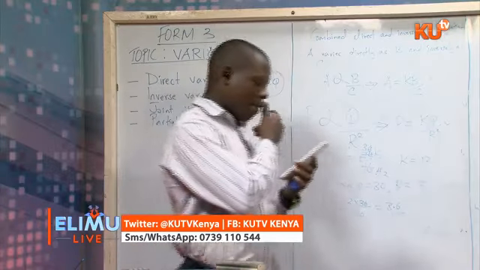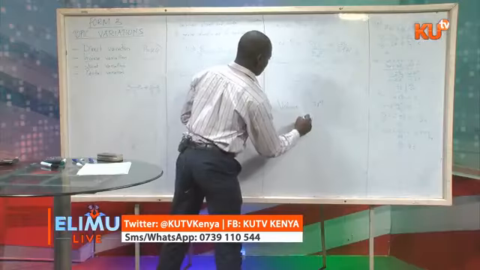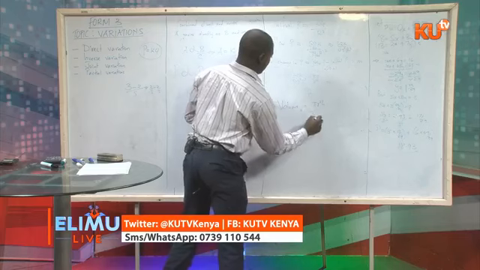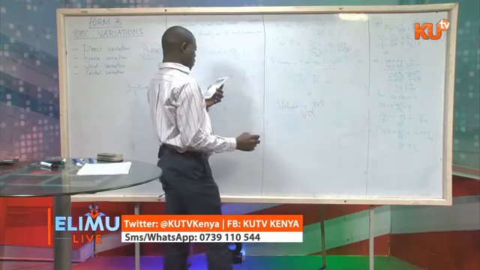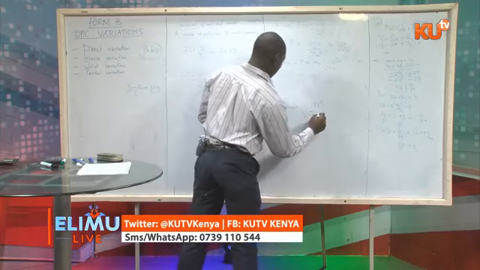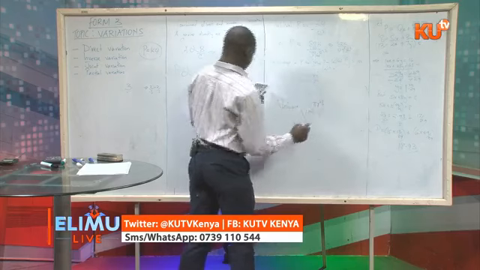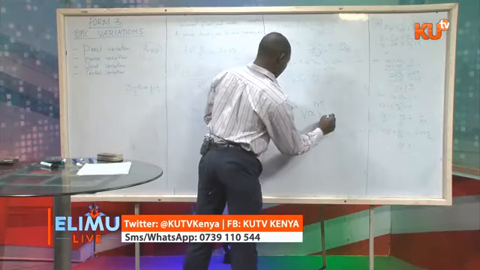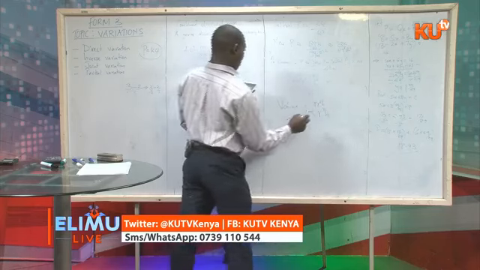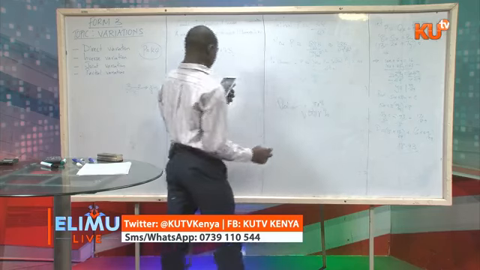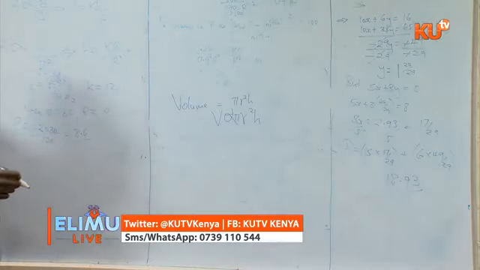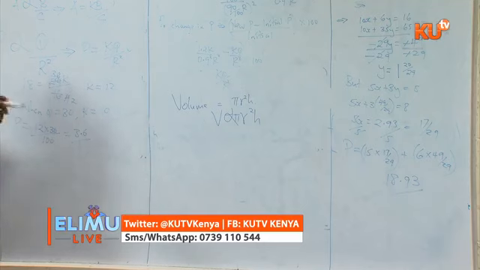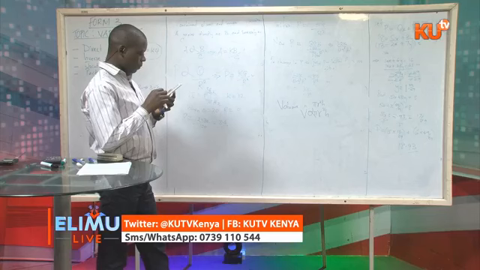So V varies jointly as the square of r, that is r squared, and the height. Remember, there is a constant pi. So we'll say that now our constant pi becomes our k, that is connecting the two.